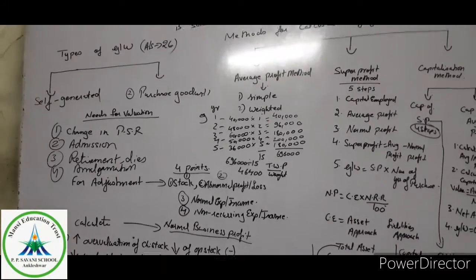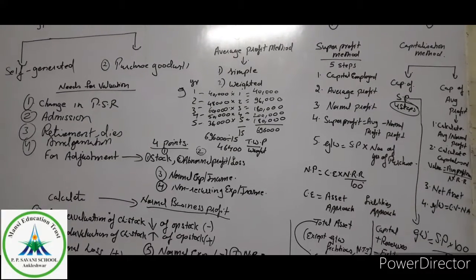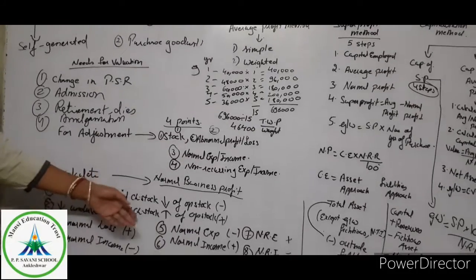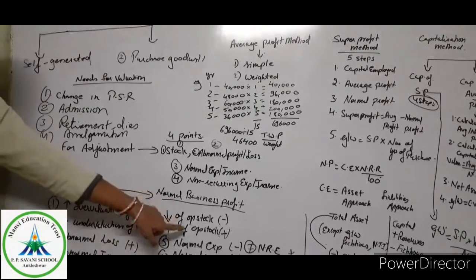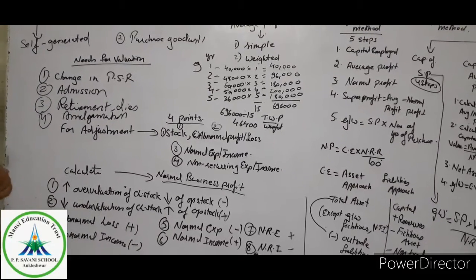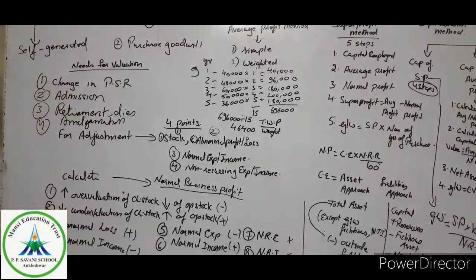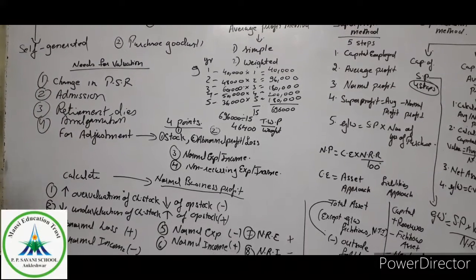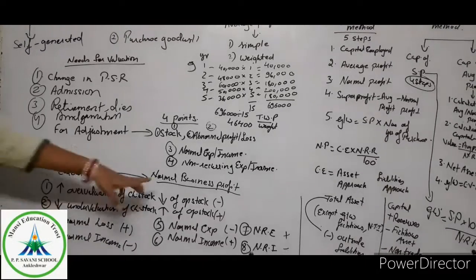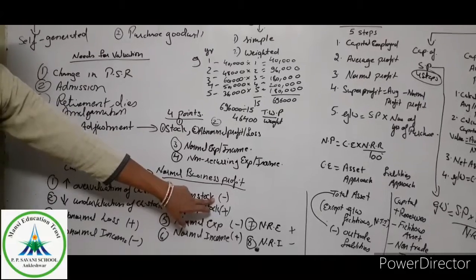So what will we do? While calculating stock, the adjustment is always related to overvaluation of closing stock or undervaluation of opening stock. So what happens here, students? In overvaluation of closing stock and undervaluation of opening stock, the gross profit and net profit are shown higher. So in order to get the normal business profit, we need to deduct it.